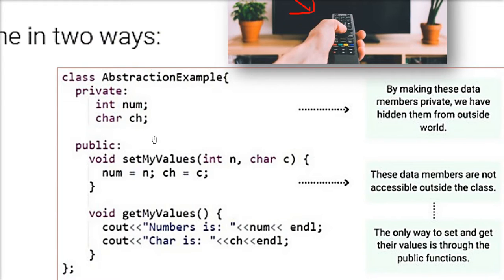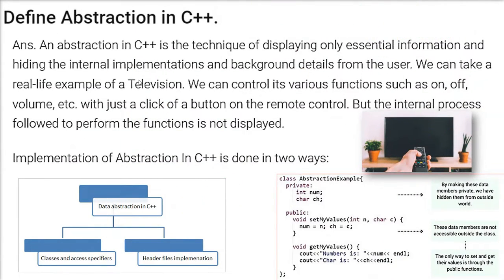It is not available outside. Whenever you are using this function through the object, you are not interested in integer num, character ch, right? So that is a kind of abstraction we have provided using the access specifier or access modifier. This private is all about the access specifier or access modifier.